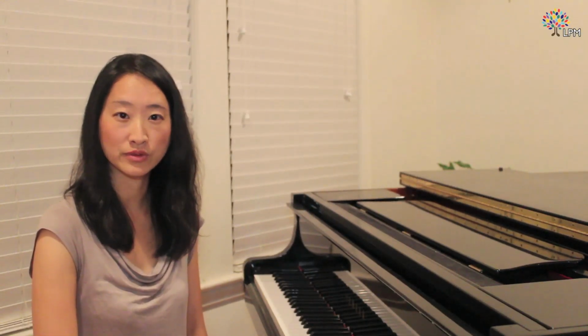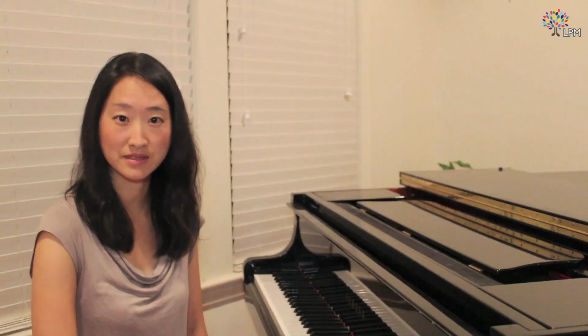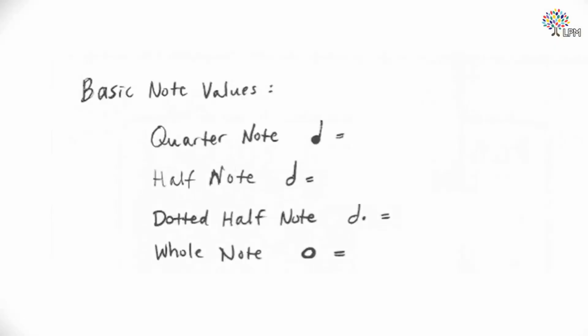Each note value has a certain number of beats. As you can see in the diagram here, a quarter note gets 1 count. A half note gets 2 counts. A dotted half note gets 3 counts, and a whole note gets 4 counts.